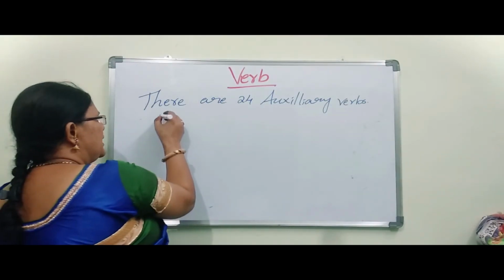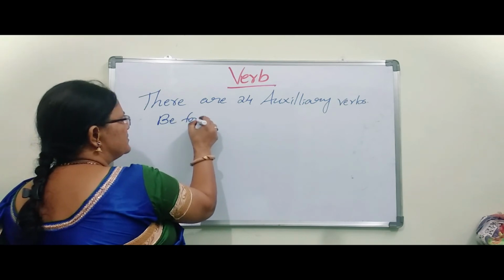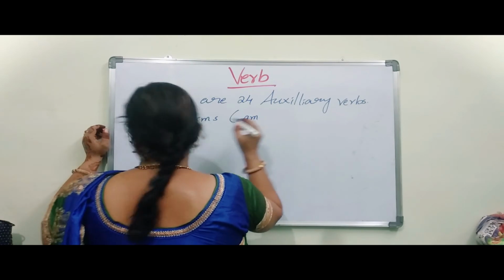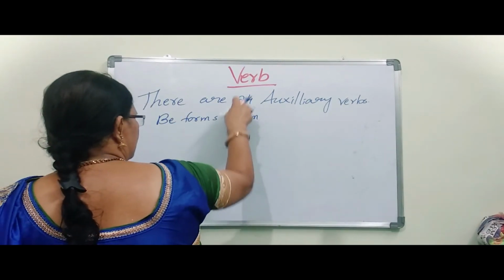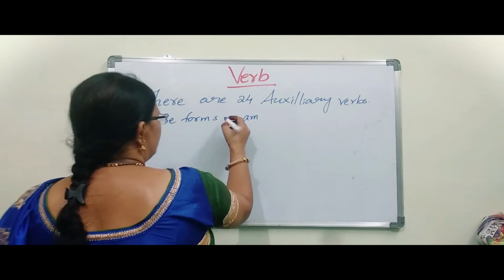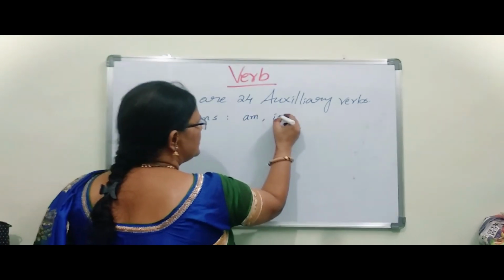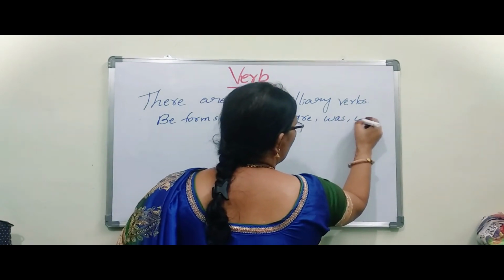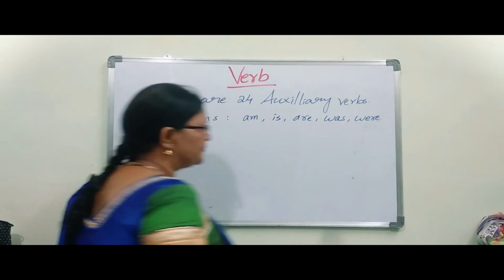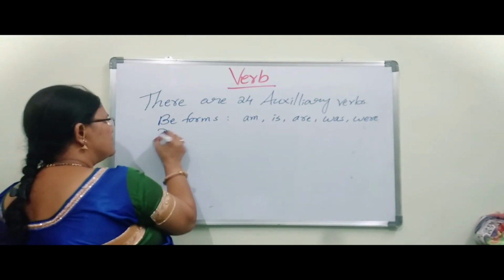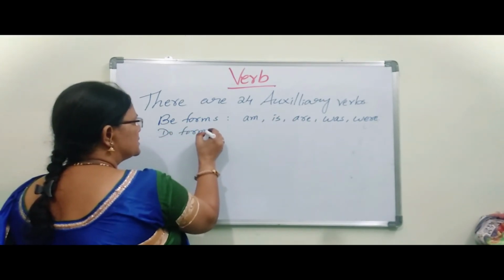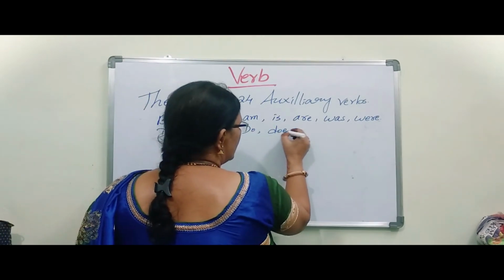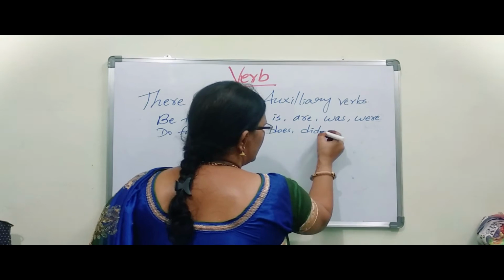Let us see first the be forms. Be forms: am, is, are, was, were. Next, do forms: do, does, did.